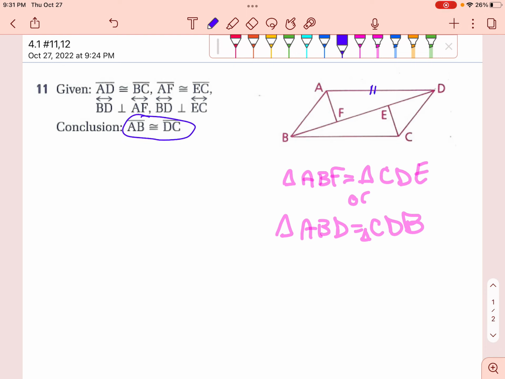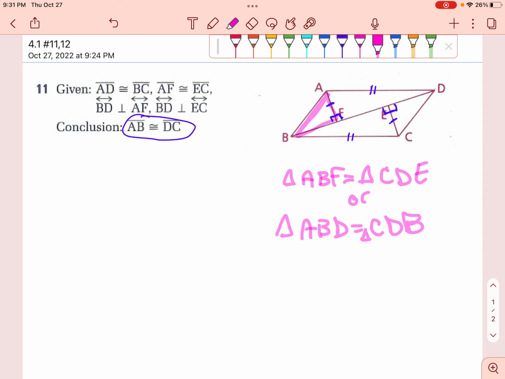AD is equal to BC, and AF is equal to EC. BD and AF are perpendicular, so we've got some right angles going on. And BD is also perpendicular. Okay. So I am not seeing if I can get this.